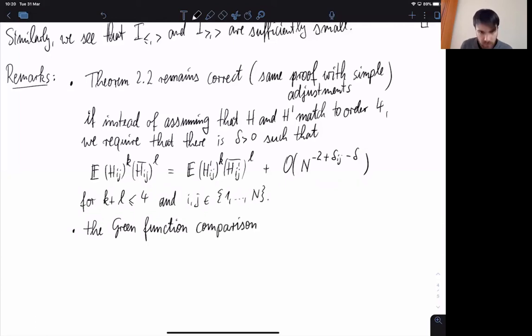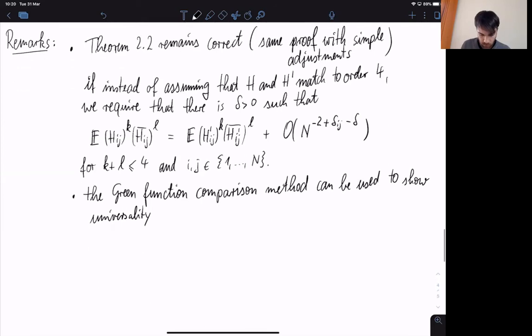So the Green function comparison method can be used to show universality. And then I just want to mention two cases here.